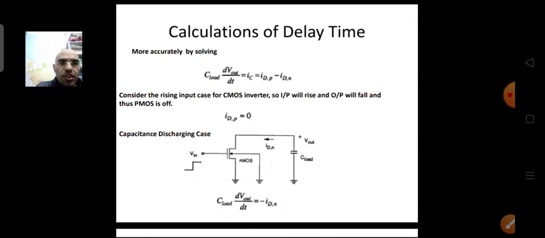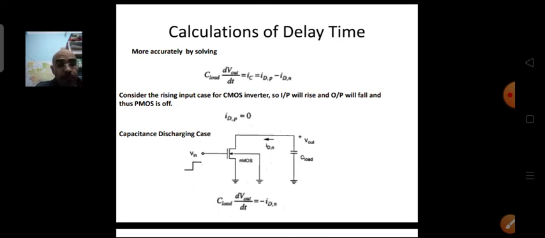In the previous equation, as you can see, we have written the capacitor current, not the collector current. That capacitor current is nothing but the difference of the PMOS current and the NMOS current. If you apply the KCL, Kirchhoff's current law, you can easily see this. KCL is very important; whenever you have to solve a numerical, you have to apply the KCL as well.